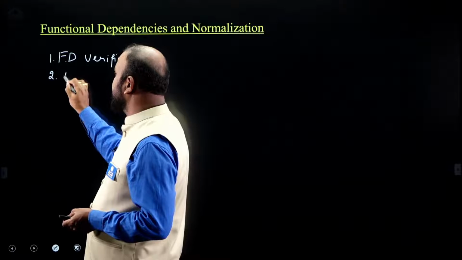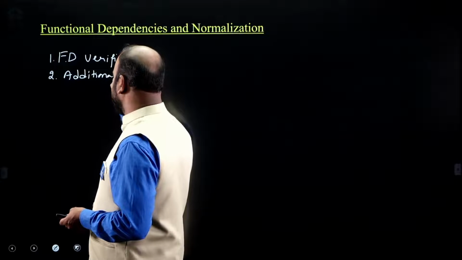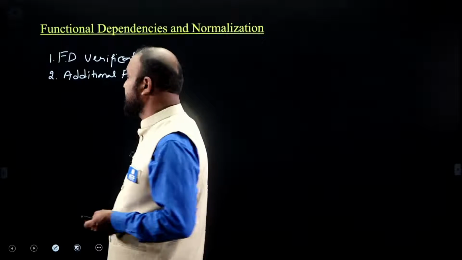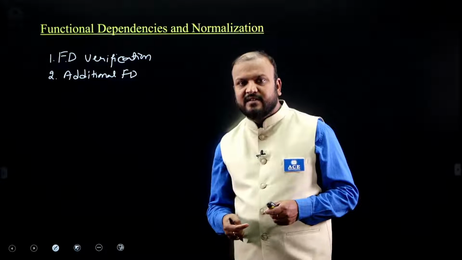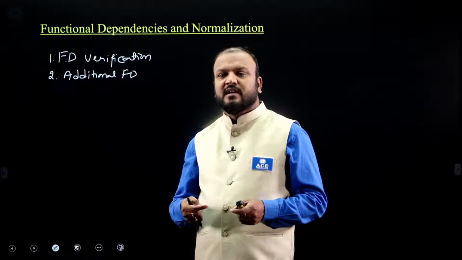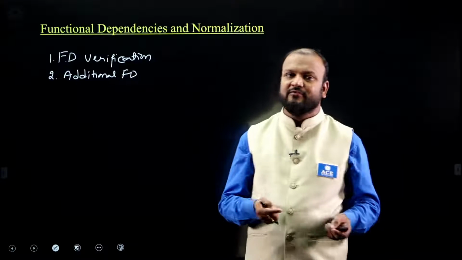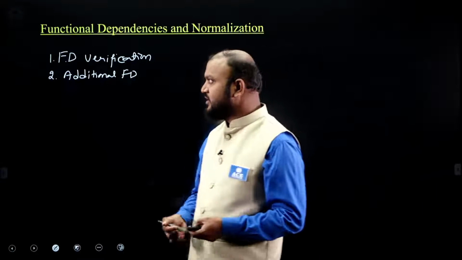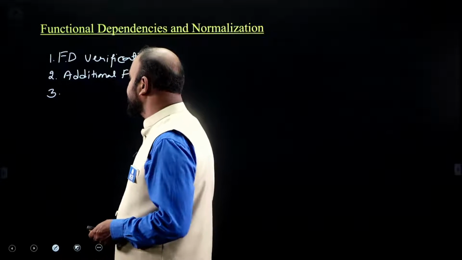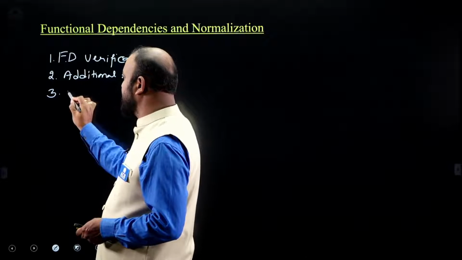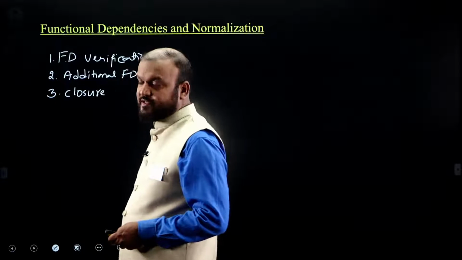Next, questions on additional functional dependencies. A relation is given and dependencies are given, and the options ask which of the following dependencies are satisfied or not satisfied. That we can find based on closures. Next, we have questions on attribute closure.